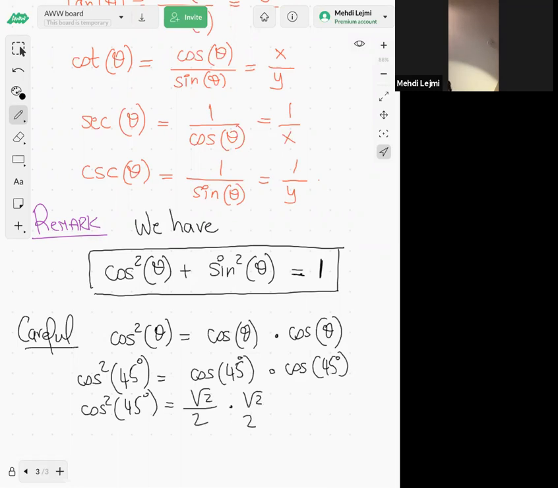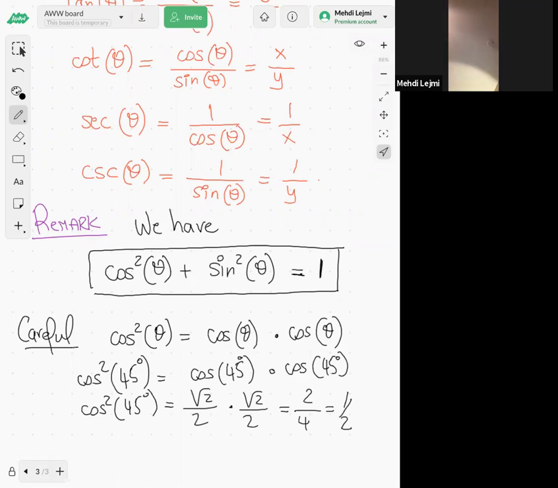Square root of 2 times square root of 2 is 2, over 4. So that will be a half, for example. So that's what I mean by cosine squared of theta. It's cosine of theta times cosine of theta. The same thing for sine squared of theta: sine of theta times sine of theta.